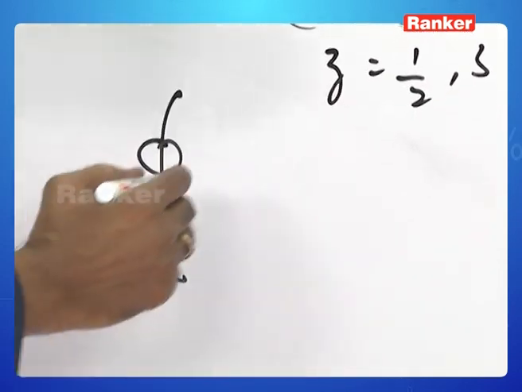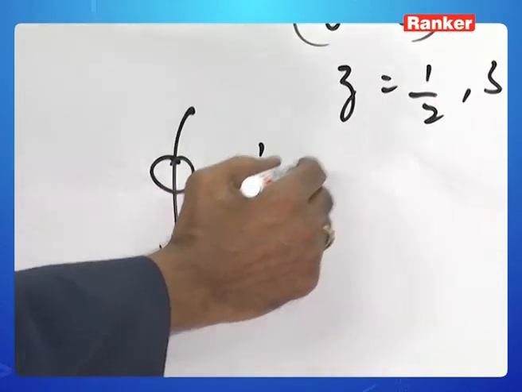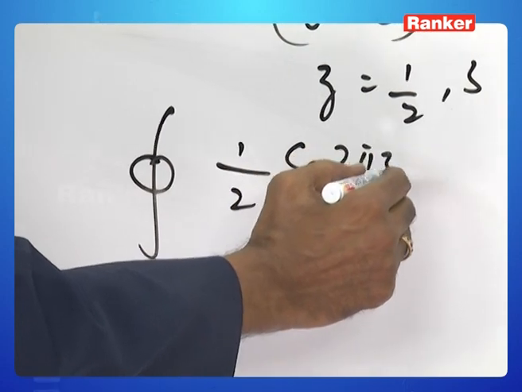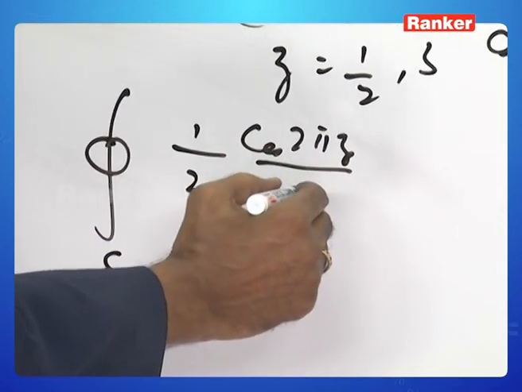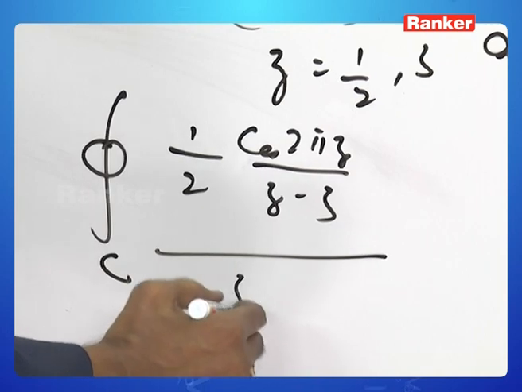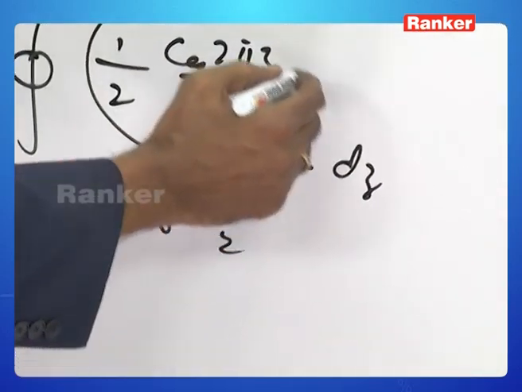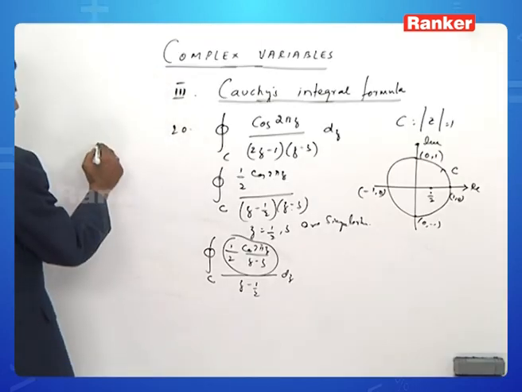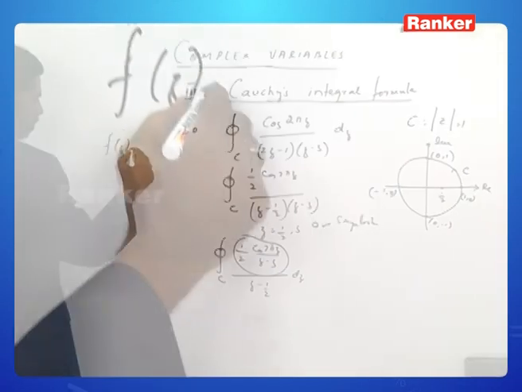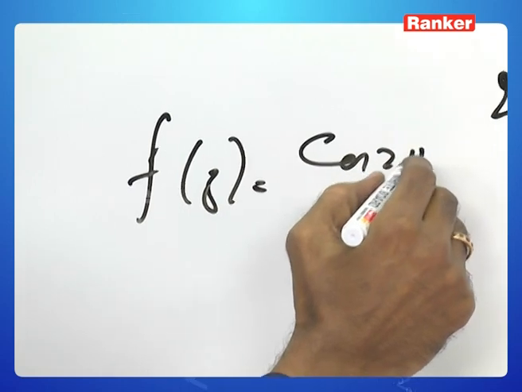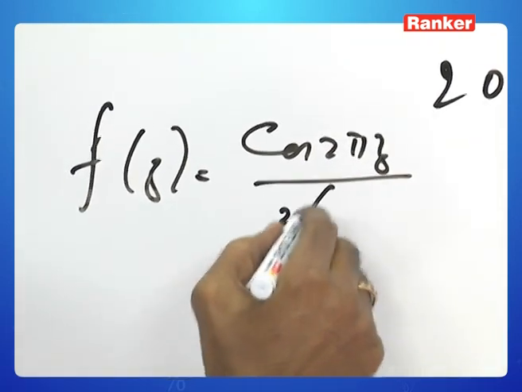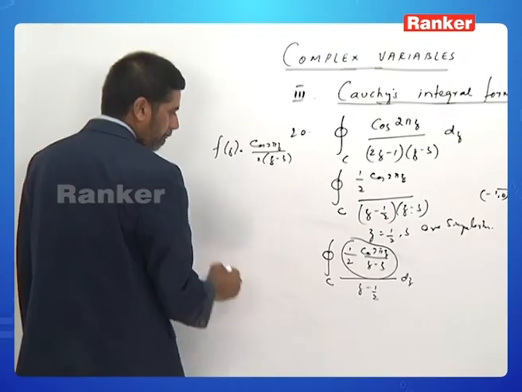So we can write this as half cos 2 pi z by z minus 3 divided by z minus half. So we will treat this as a function. F of z is equal to cos 2 pi z by 2 into z minus 3.